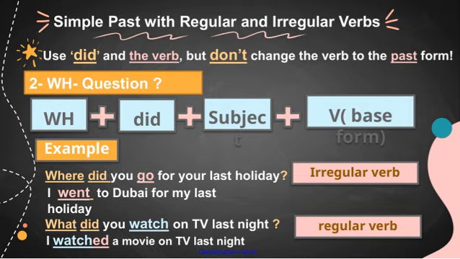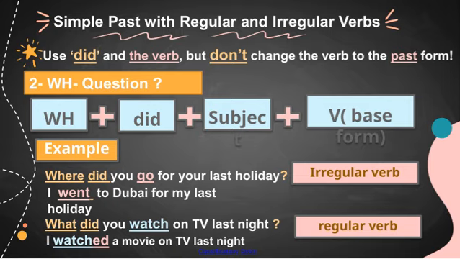Here's an important point. When we use did in questions, we always keep the main verb in its base form, not the past form. So even though the action happened in the past, the main verb stays in its original form, like watch and go. Also, this slide highlights the difference between regular verbs, which add ed in the past, and irregular verbs, which change in various ways.